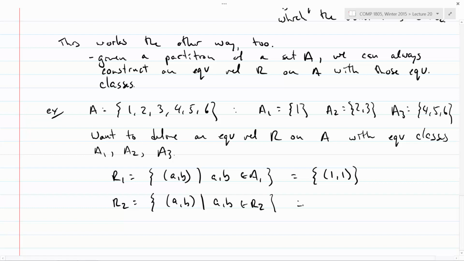So how many things am I going to have in R2? Do I have 4? Yeah, that's 4. Because each thing could either be the first thing or the last thing, or both. So I get (2, 2), (2, 3), (3, 2), and (3, 3). Is that okay? Yes, sorry, A2.